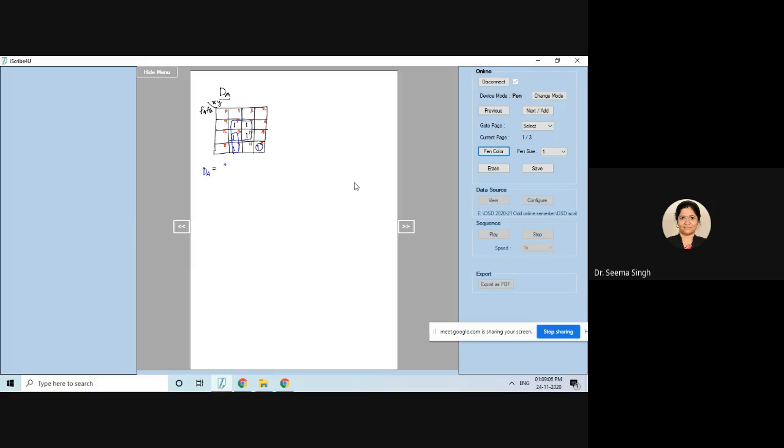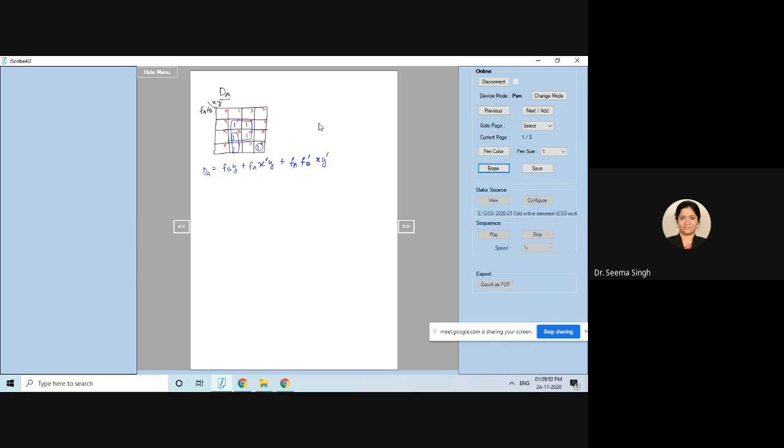DA is FB Y, FA, FA X dash Y. Next is FA, last one, this alone one is there, for this one. It is FA FB bar X Y bar. This is your DA.